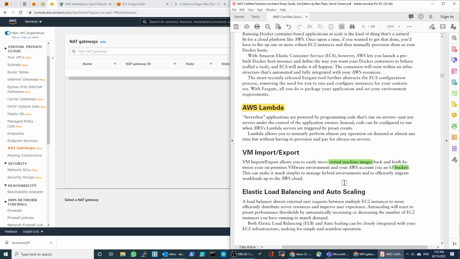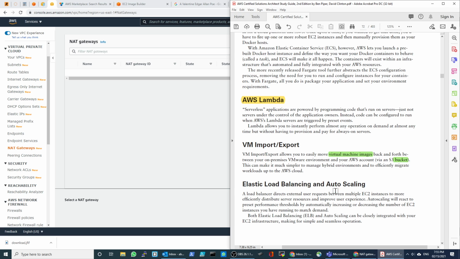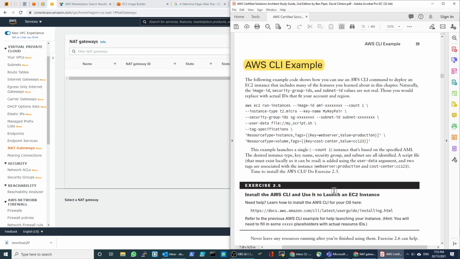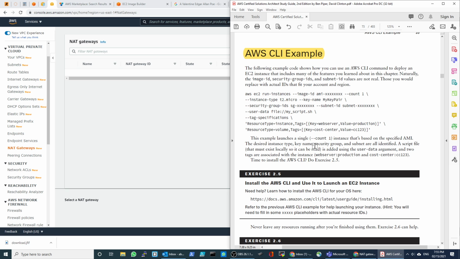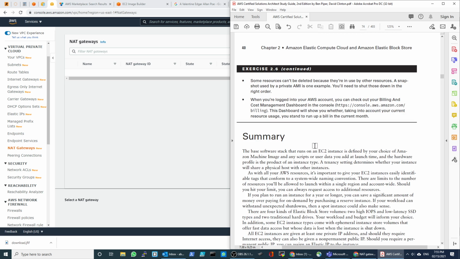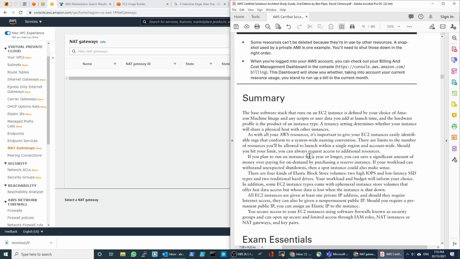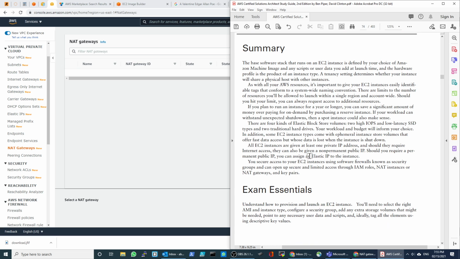You could create elastic load balancing and auto scaling. All right. This is what I asked you to do, the AWS CLI. I gave you the instructions in Teams. Please go ahead and do it. Create the CLI, and that's it for this chapter.